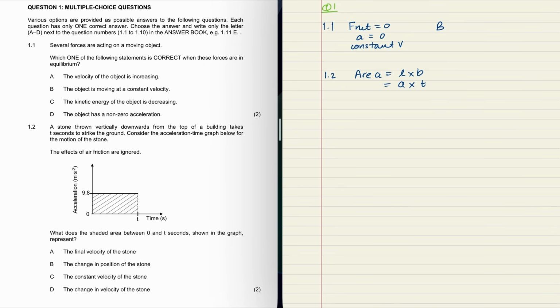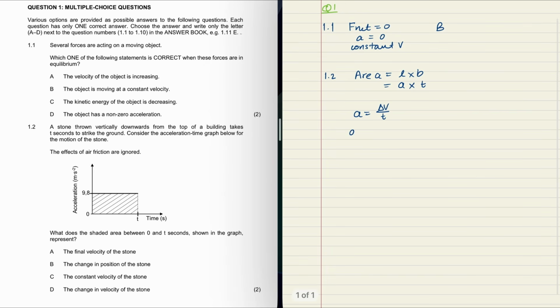So we look at the formula for acceleration. Acceleration is equal to the change in velocity divided by time. So if I rearrange this, a times time is equal to the change in velocity. So the answer here, I'm going to pick D.